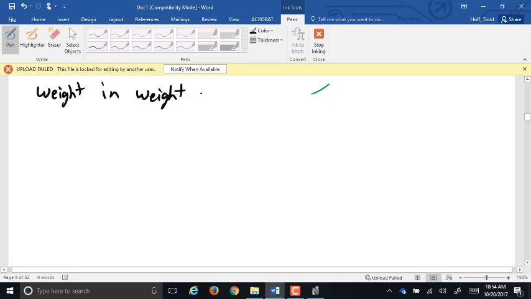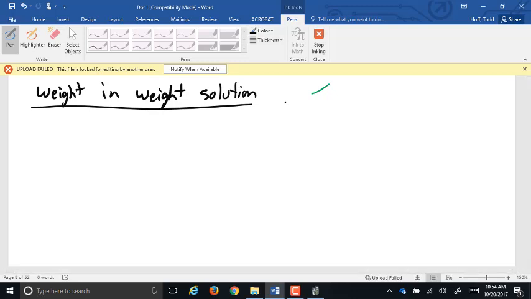They call this one a weight and weight solution, which is a misnomer. It originated back when they used standard units for everything. And when we used standard units, we did use weight and weight. We measured ounces and drams and grains and stuff like that. Now that we use the metric system for everything in the medical fields, it's really mass and mass.